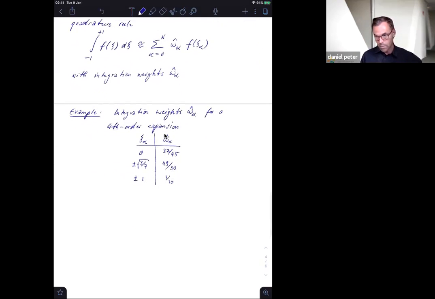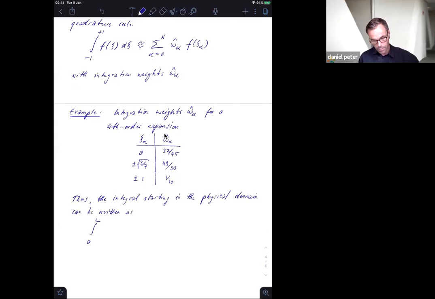So how would that look at the end? Well, starting in the physical domain, the integral from 0 to L of the function f of x dx will be the same over our domain omega.